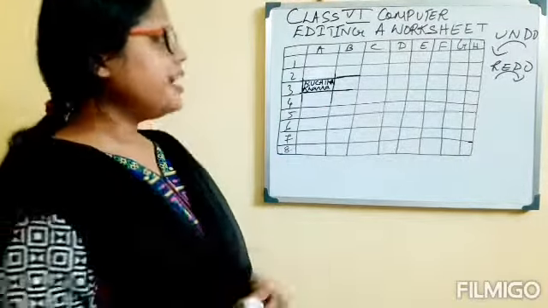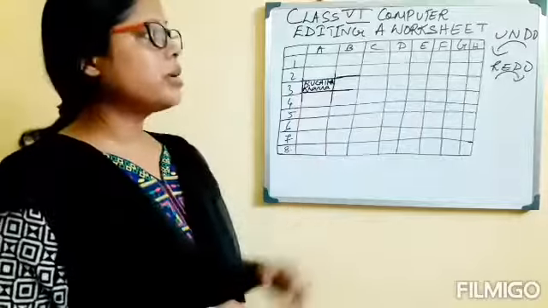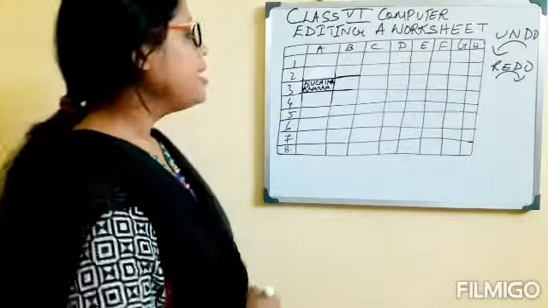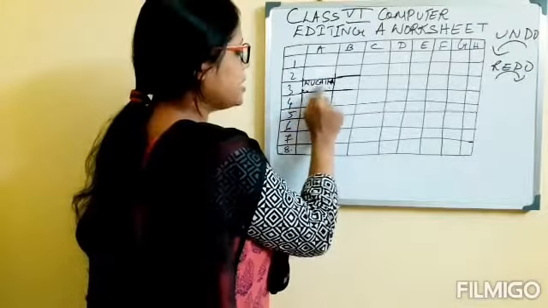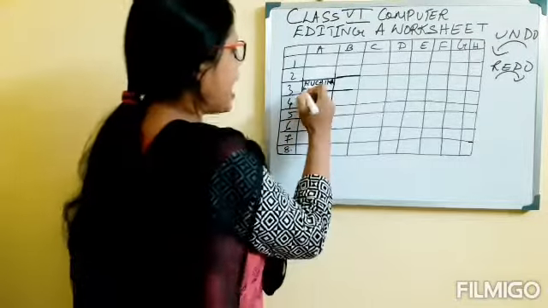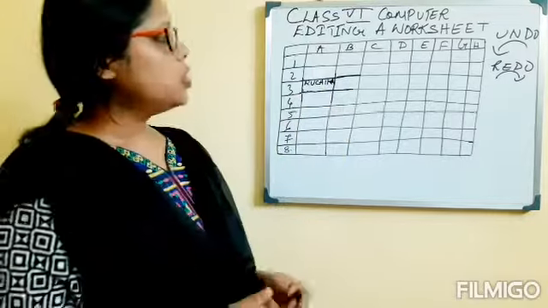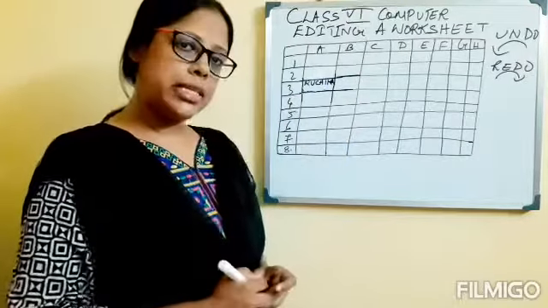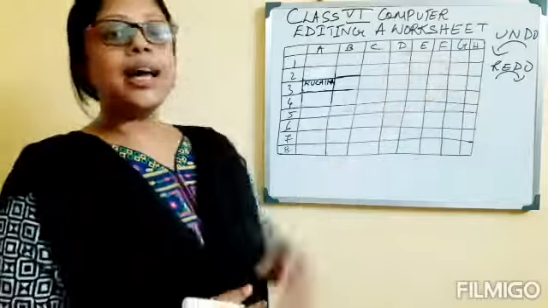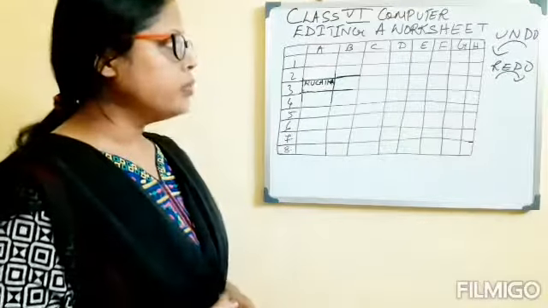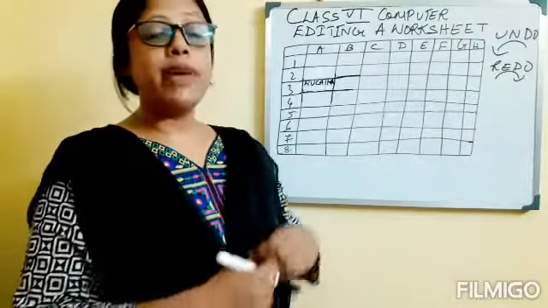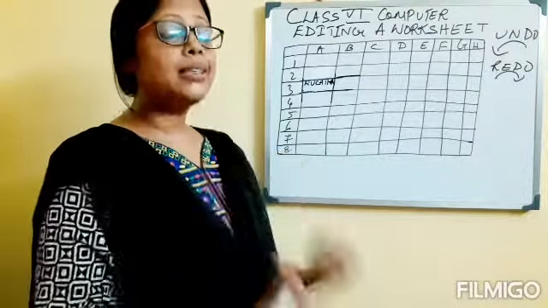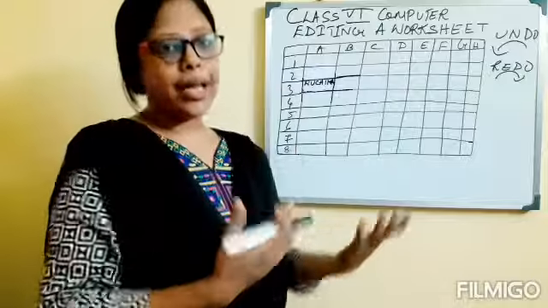If you click on this undo option, you will get back your previous data, which was Ruchika. So that is the undo option. Now the redo option, when do we use it? When we want to get back the last undo action.